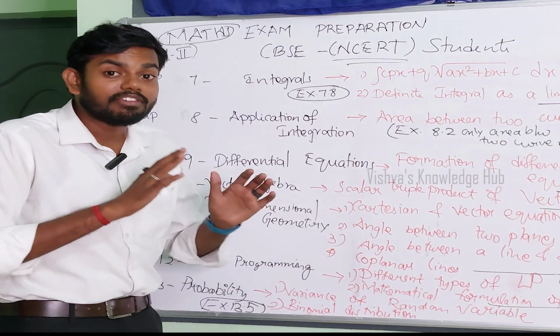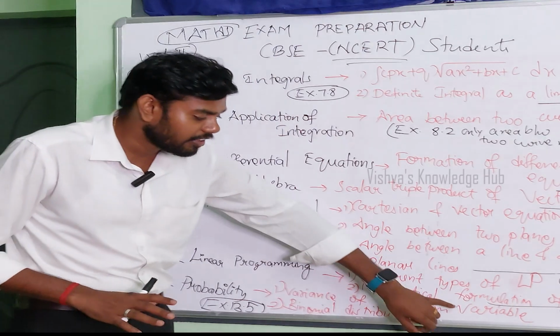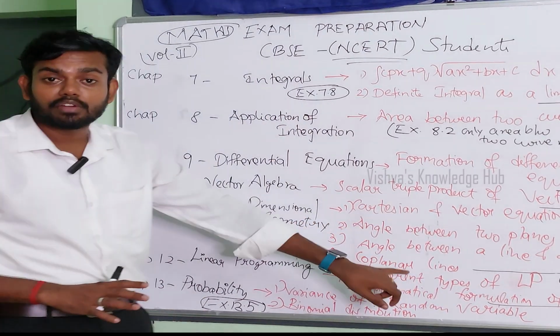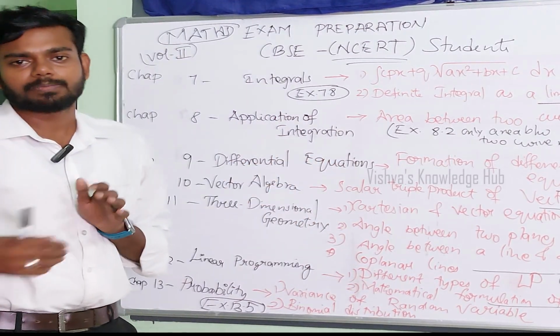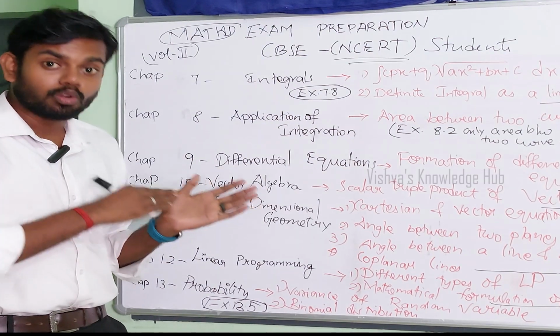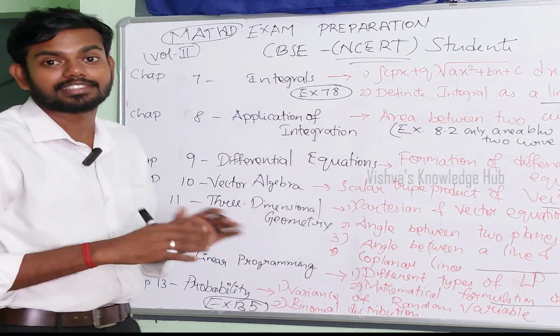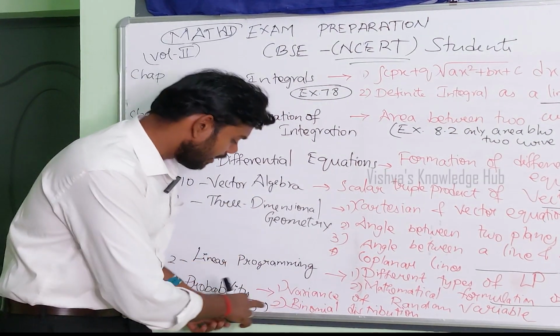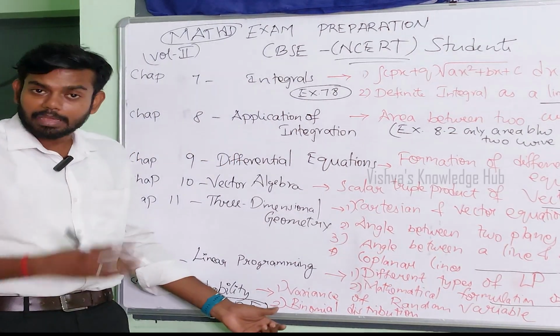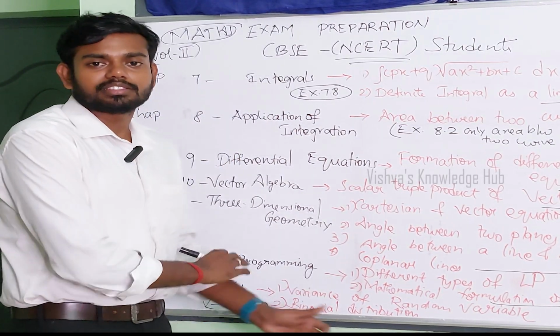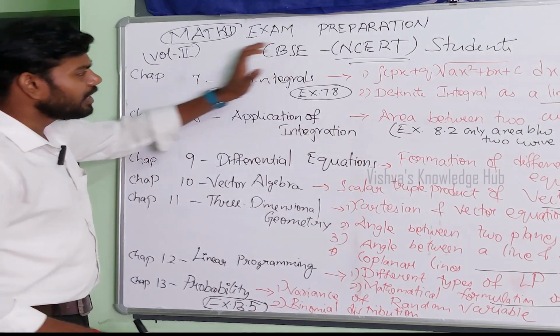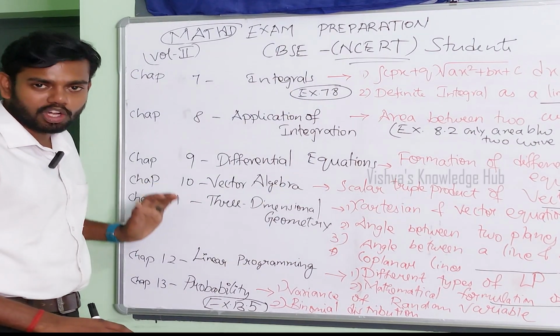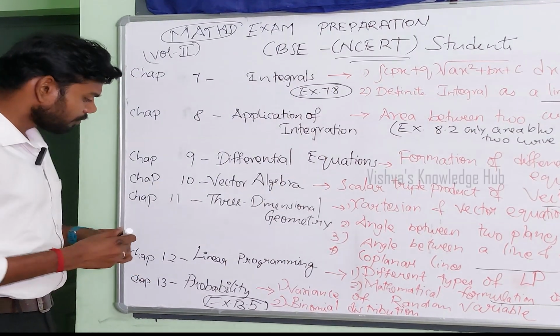Mean remains, but variance is deleted: in exercise 13.4, from question 10 to the last part, so sums 1 to 9 remain. Exercise 13.5, Bernoulli and binomial distribution, is entirely deleted. These are the chapters we have in Volume 2.